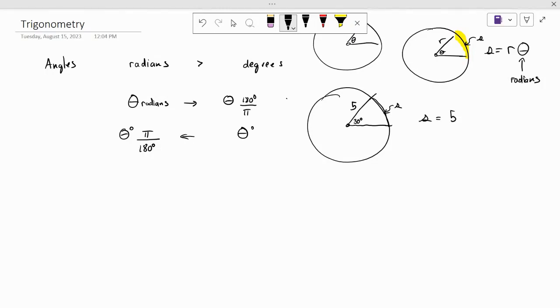We wouldn't say that this is 5 times 30 degrees. It makes no sense. So this is wrong. Instead, we would have to use the appropriate radian measure, which is pi over 6. So it would be correct to say that the length along the circumference there is the radius times the angle measure, but in radians.